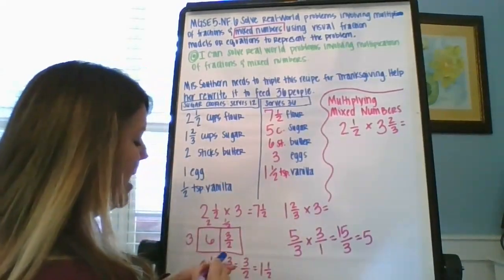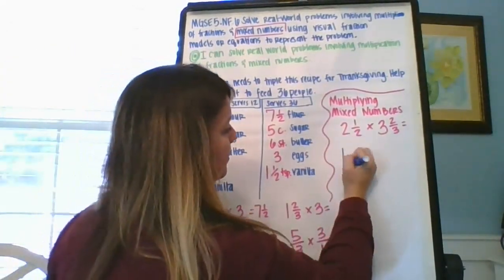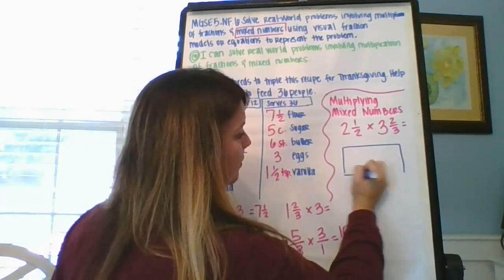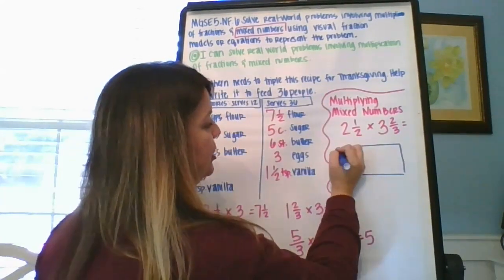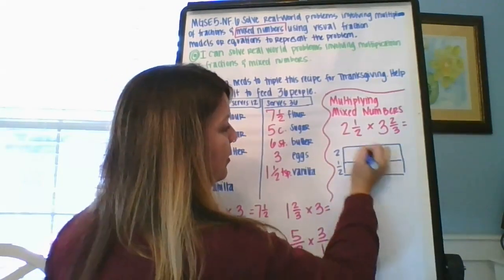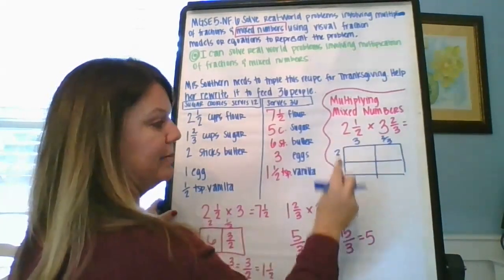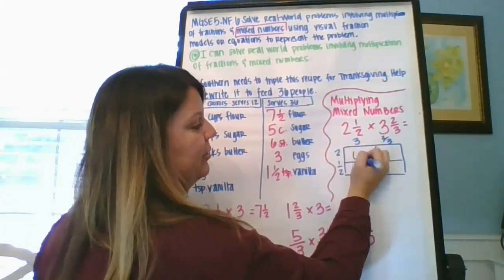If you put that in a box method, okay, I've got 2 1/2 times 3 2/3. So when you multiplied your 2 times your 3, you did this box, and you got 6.